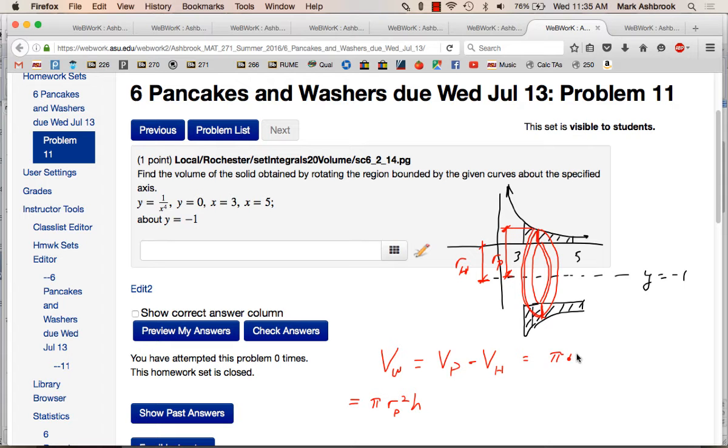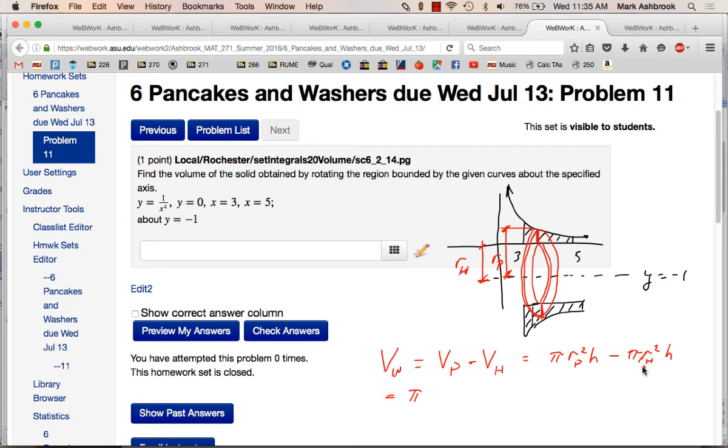Pi r_p squared h minus pi r_h squared h. The volume of the whole thing minus the volume of the hole. And then, what is that? So we just got to now write h is, of course, our delta x.